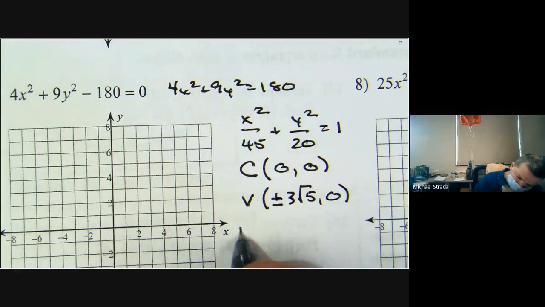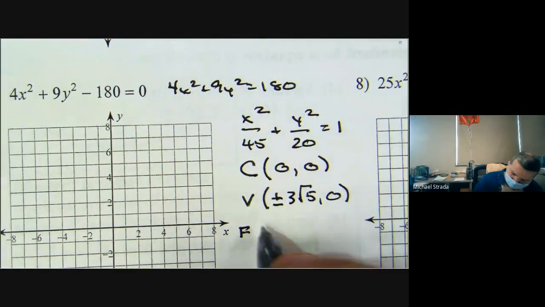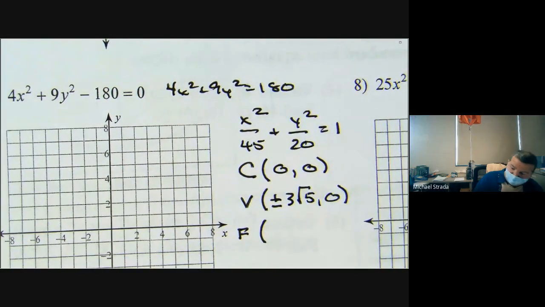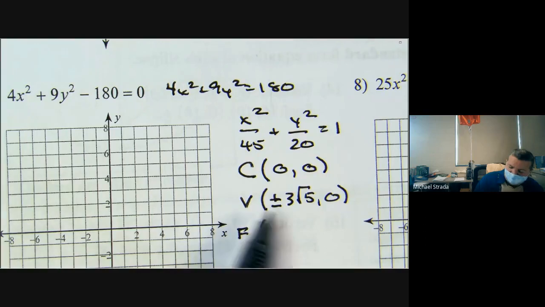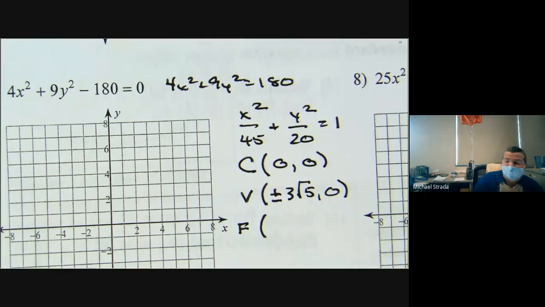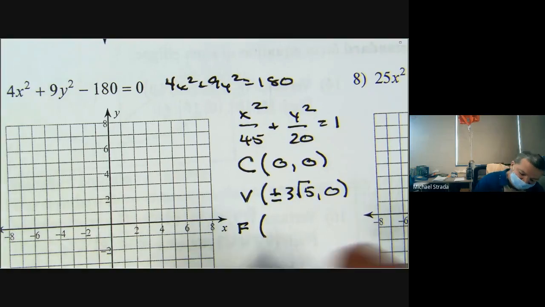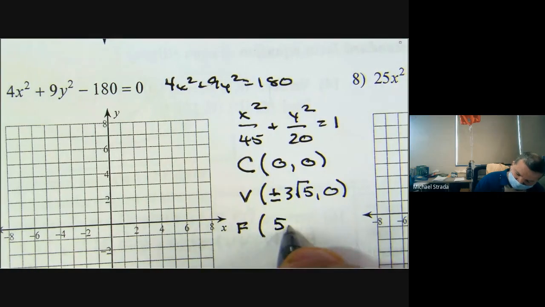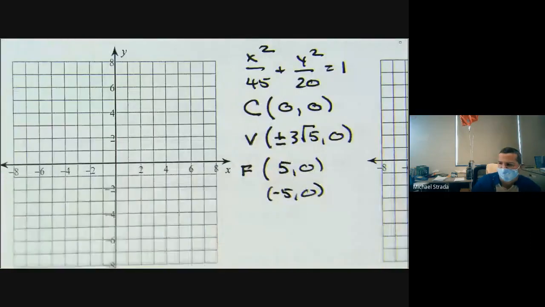And then your foci, we would subtract: what's 45 minus 20? 25, which is a what? Perfect square. What's the square root of 25? So now your foci are 5, 0 and negative 5, 0. So when they're perfect squares, you have to write them separately.